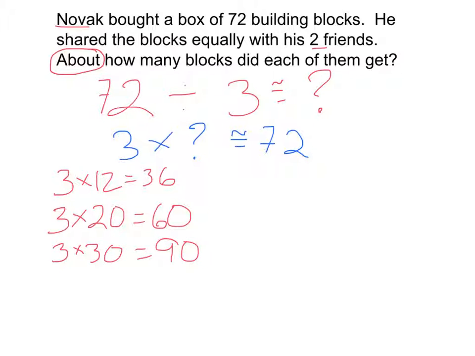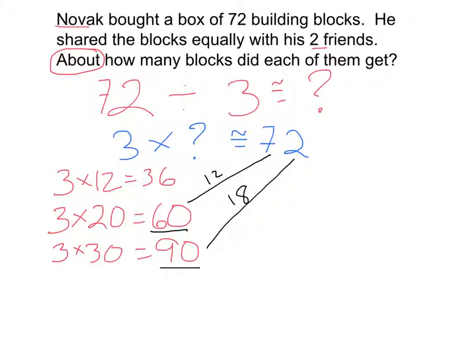And now we have an answer lower than 72 and an answer higher than 72. What is the difference between 60 and 72? It's 12. What is the difference between 72 and 90? It's 18.